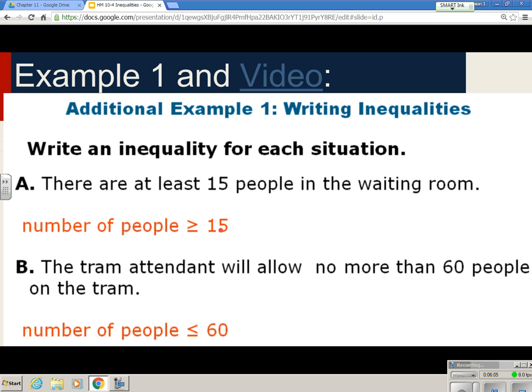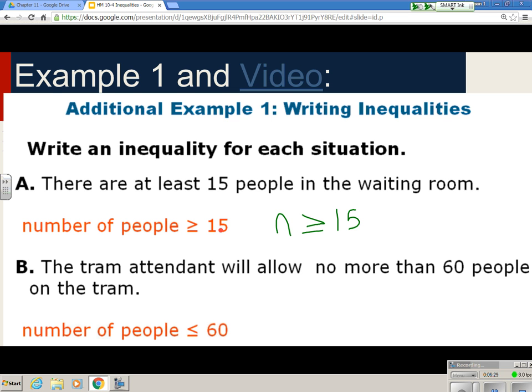I could, in this scenario, also tell you to try to write it with a variable. So we could say the variable n is used to equal the number of people, and you could write it as n is greater than or equal to 15. For letter B, we see the tram attendant will allow no more than 60 people on the train.